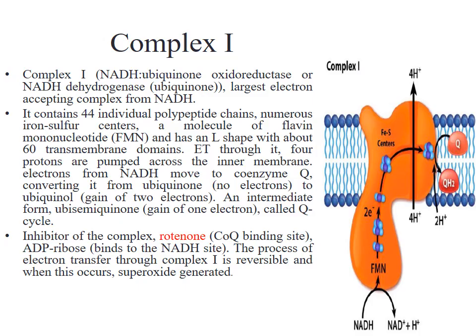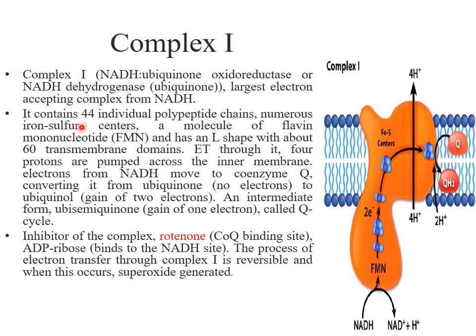Here, I will explain in detail the complexes which I described and whose functions I explained in my previous slide. Complex 1 is also called NADH ubiquinone oxidoreductase, or NADH dehydrogenase, the largest electron-accepting complex from NADH.